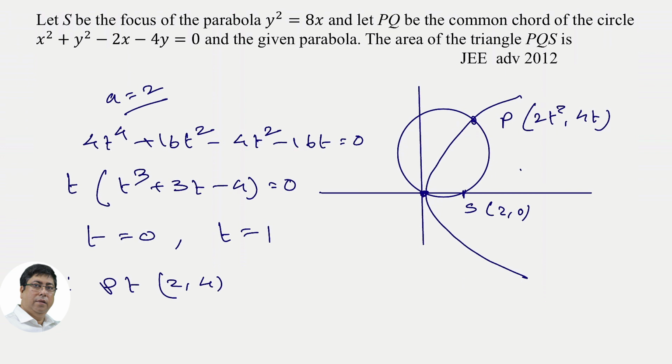So let P be the point (2, 4). Therefore, area of PQS equals half into 2 into 4. This is coming to be 4. Let's go to the next sum.